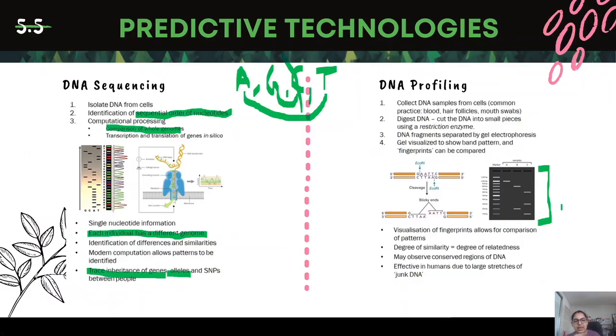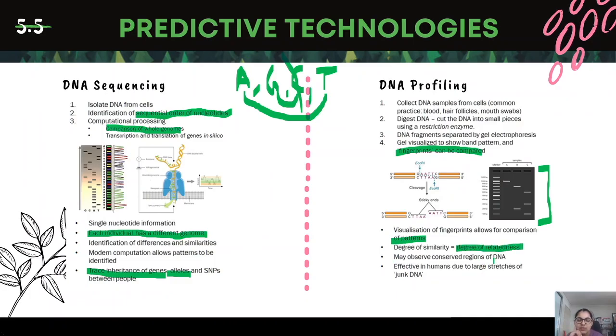If the bands match, whichever matches the most is where you can see similarities. This is how fingerprints can be tested, and this is how paternity tests also happen. This allows for a comparison of patterns. The more similar they are, the higher the degree of relatedness.